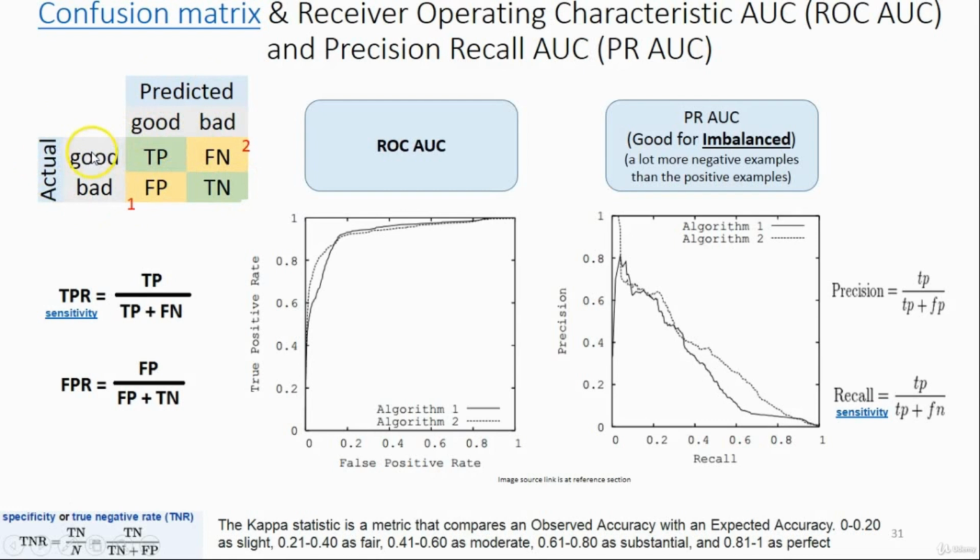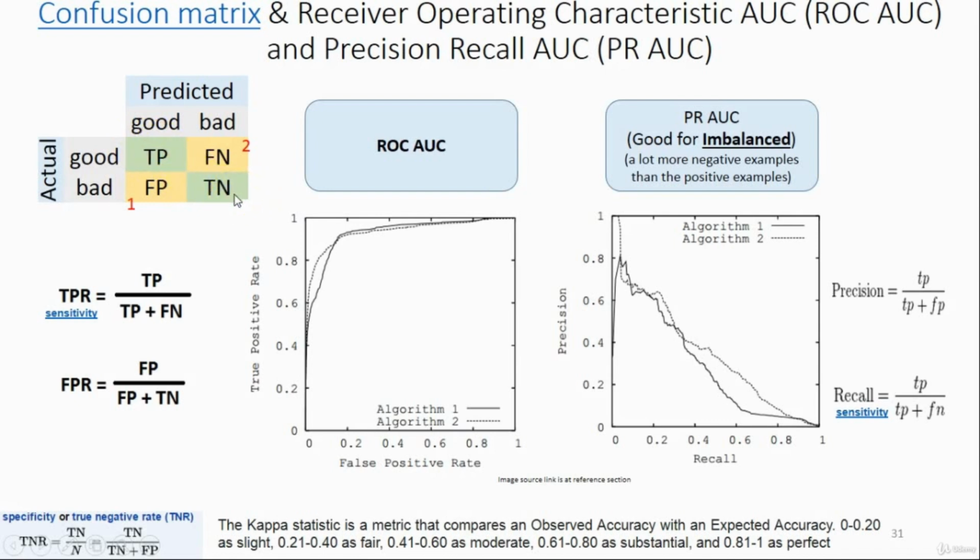If actual is good and predicted is also good, that is called true positive. If actual is bad and predicted is also bad, it is called true negative. These are the ideal scenarios, and we always want to get into these 2 zones.